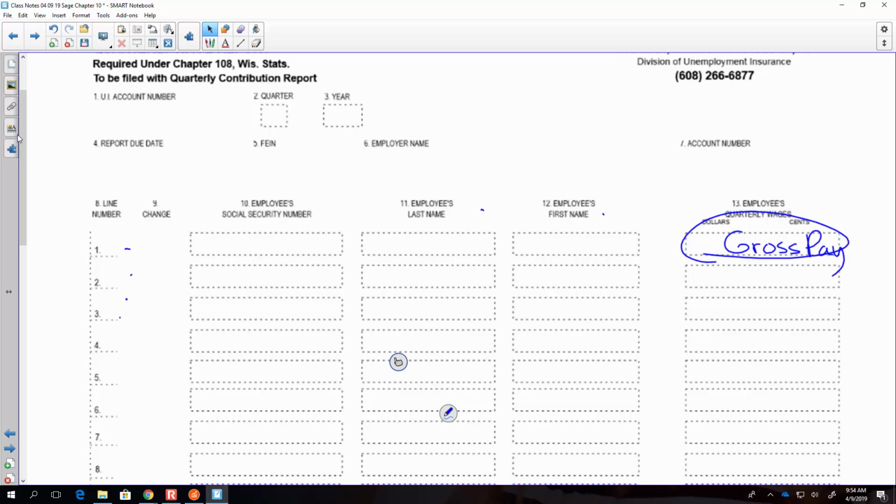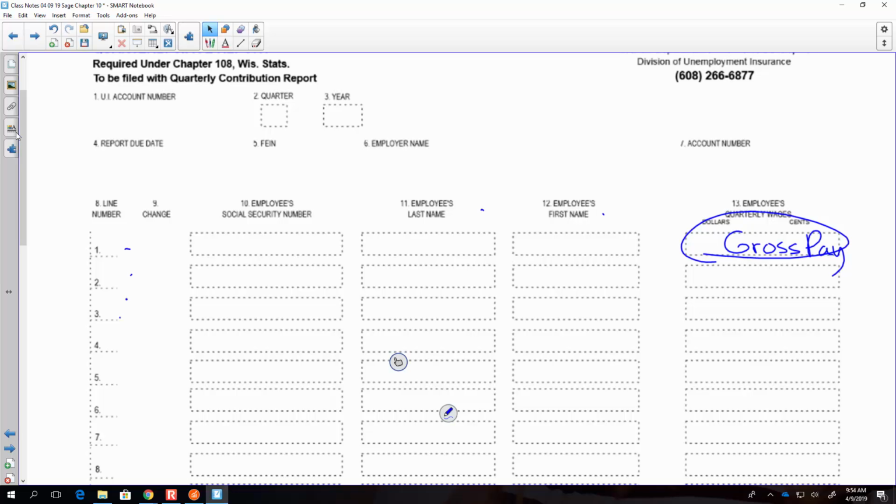Now, I gave you a paper copy of this report. You will never ever fill out a paper copy. You are going to the Department of Workforce Development website, right? Then you will just enter the numbers in. It's really a nice system because all of the employee information from the last quarter is pre-filled. So it makes it much easier to just plop in the gross pay they had in that quarter.